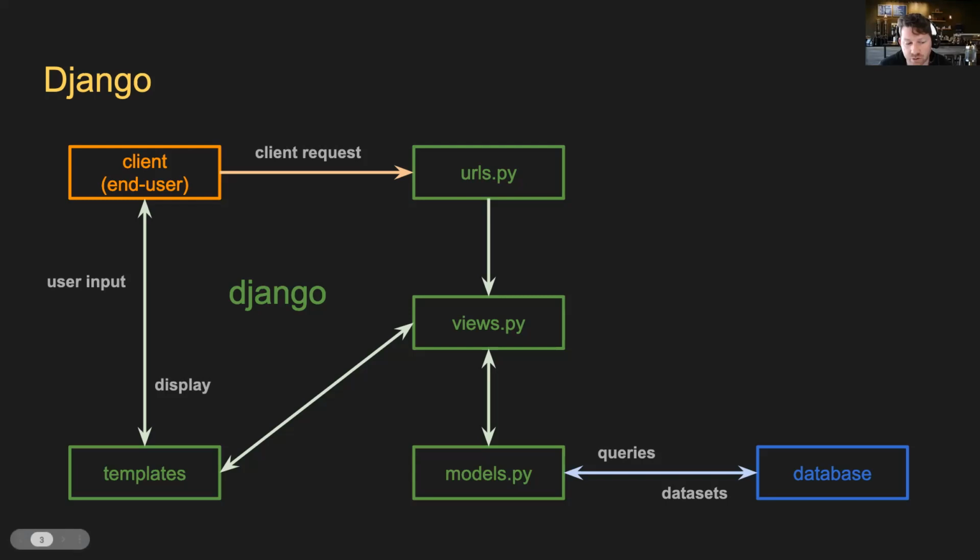Yeah, so Django is a full stack framework. What that means is a bunch of developers got together and said, we think we know the best way to build web applications. And we're going to build a framework to build full stack web applications.